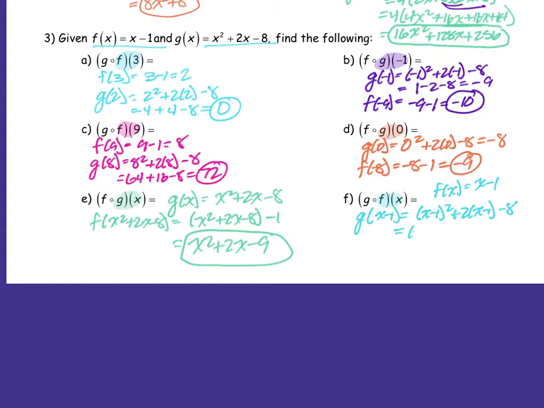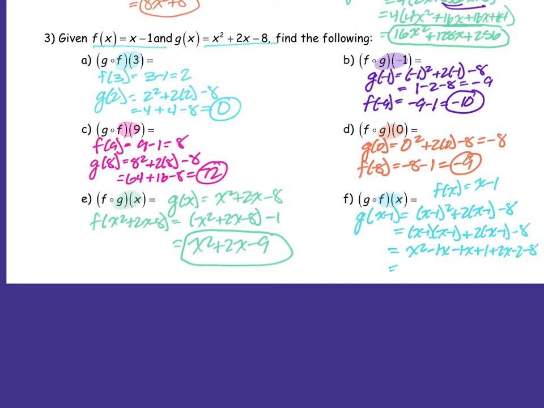Which equals x minus 1 times x minus 1, remember what it means to be squared, plus 2 times x minus 1 minus 8. So we get x times x is x squared minus 1x minus 1x plus 1 plus 2x minus 2 minus 8.